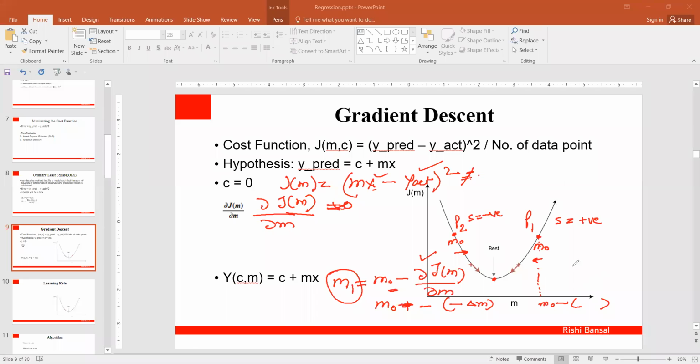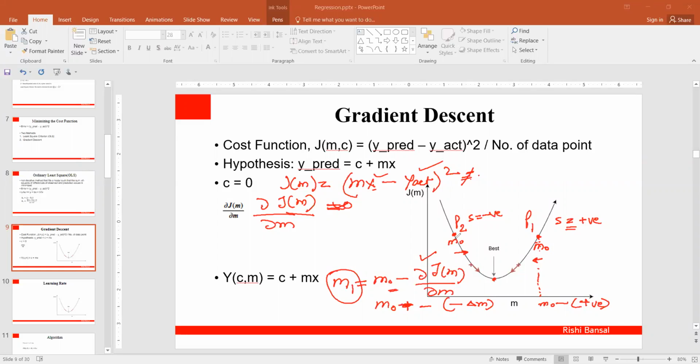Okay, so everyone agrees. From m naught I want to minus something, then only I can move towards left-hand side, since my slope is already positive. So if you minus this, you will start moving toward left.